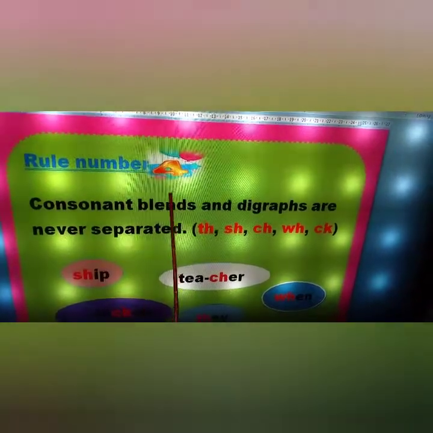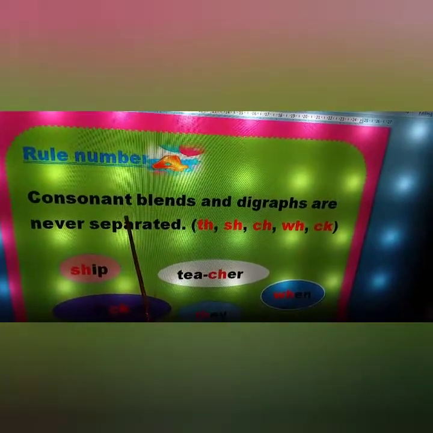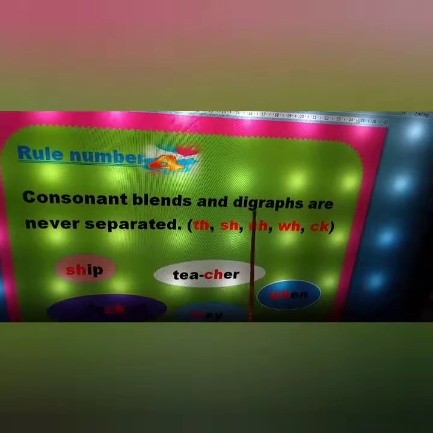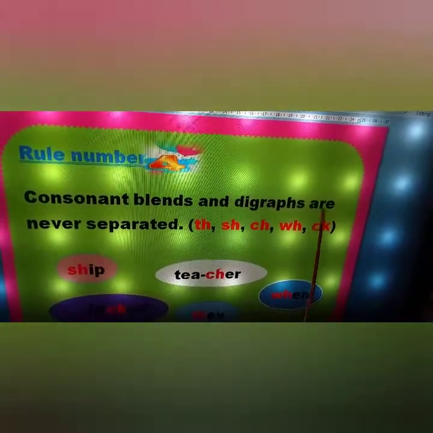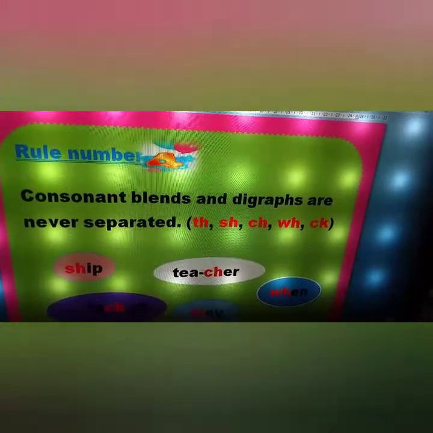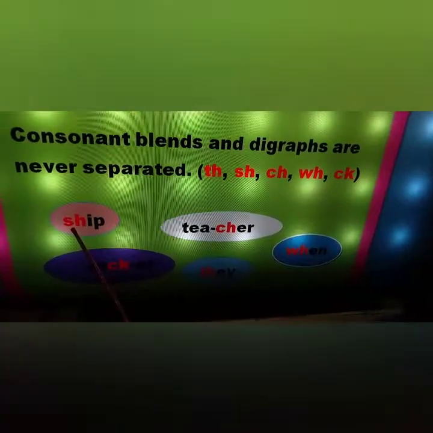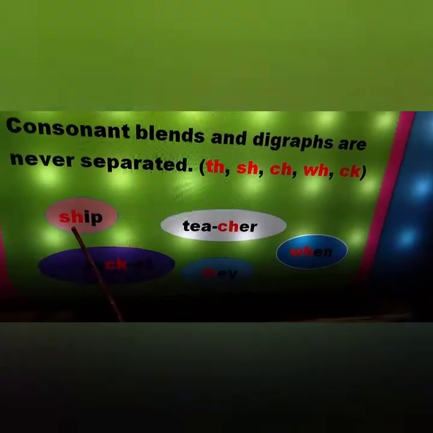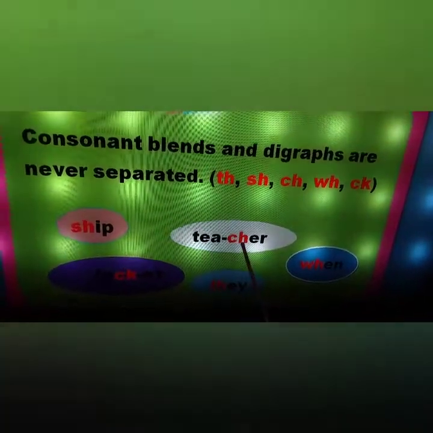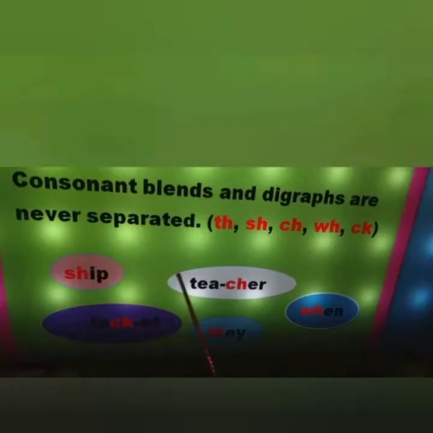Rule number 4. Consonant blends and digraphs are never separated. Example, sheep, teacher. If you look carefully at the word teacher, you will realize that they did not separate it at the correct place.